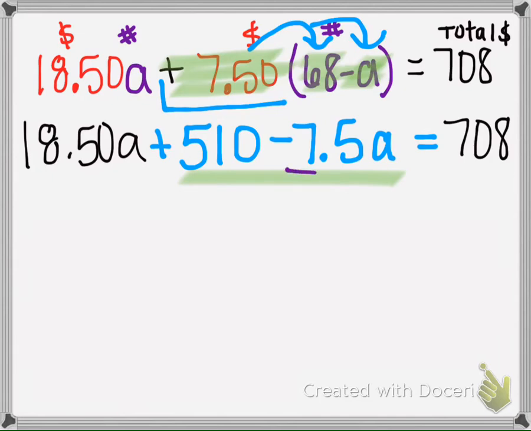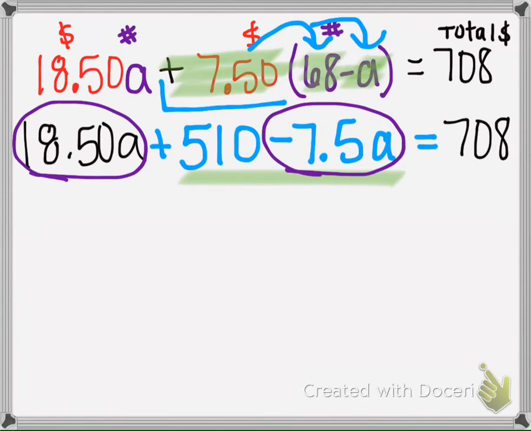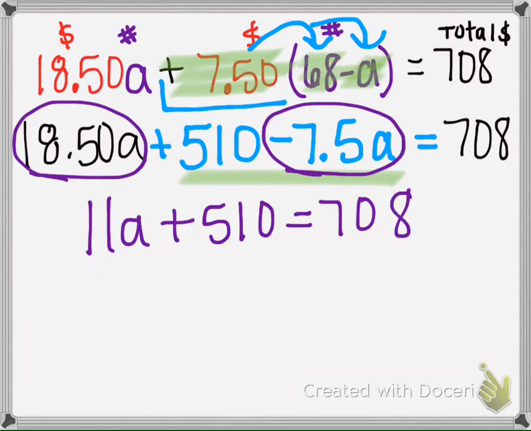Next we combine our like terms, continuing to simplify. Those both have A's in the term, so we combine them. 18.5 minus 7.5 is 11A. Now I have one variable term, so I can take away the 510.